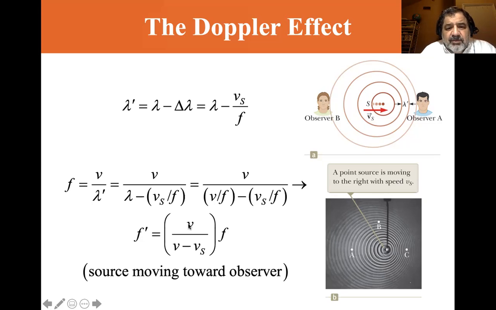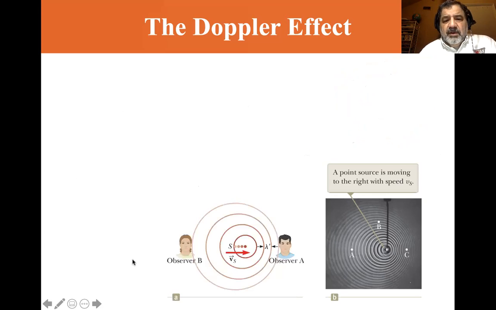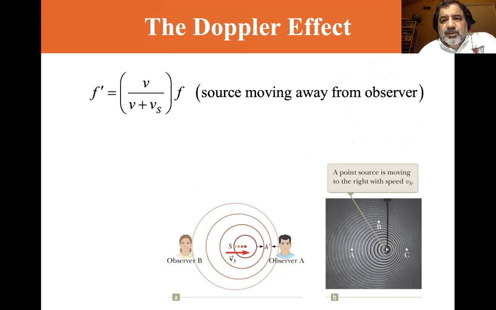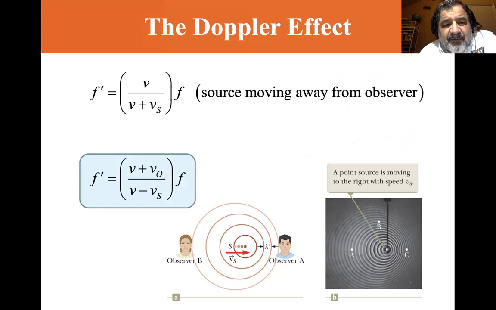So f prime is equal to the velocity divided by the velocity minus the velocity of the source, times f. That's the source moving toward the observer. And for the source moving away from the observer, that's observer B, f prime is equal to the velocity of sound divided by the velocity plus the velocity of the source, times f. Now, you can combine both of those into just one equation.